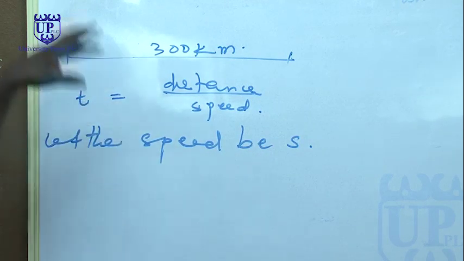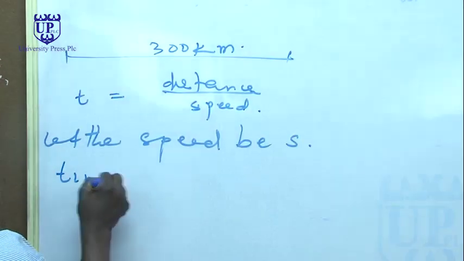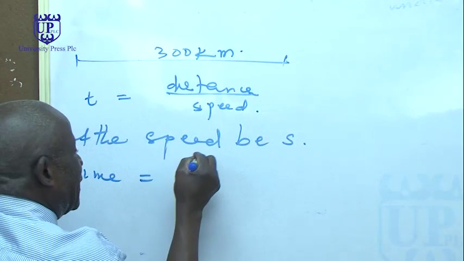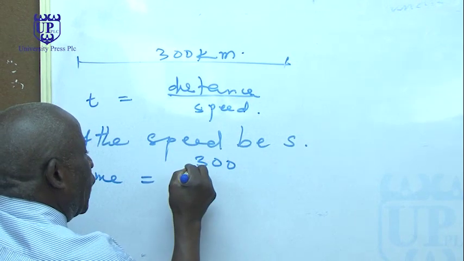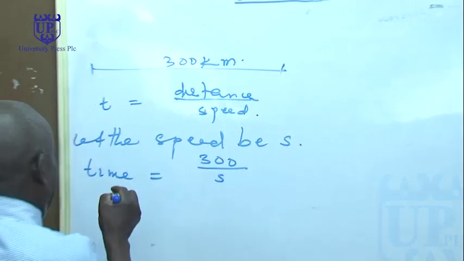To cover the whole journey, time will be total distance all over speed.